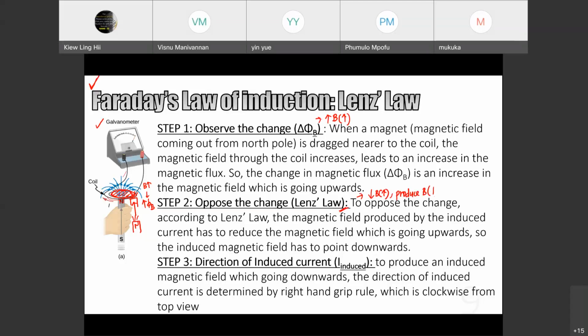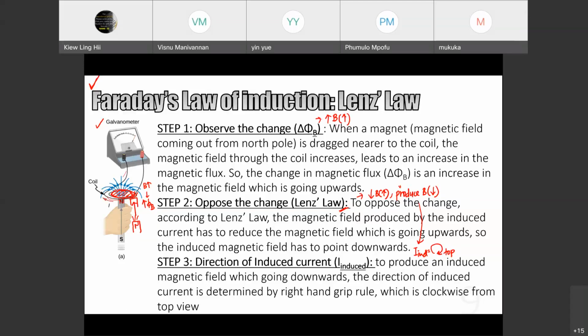So from this, the direction of induced current, according to your right-hand grip rule, will be clockwise from the top view. Now I'm putting this into the triangle relationship just now.